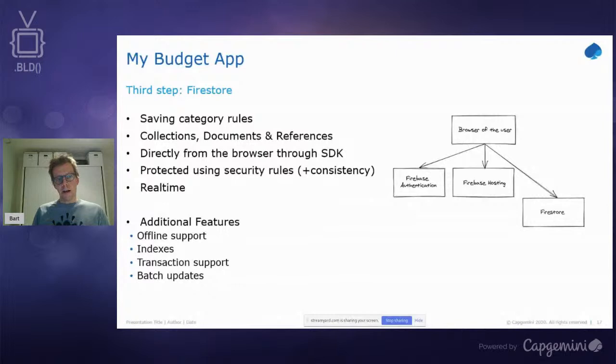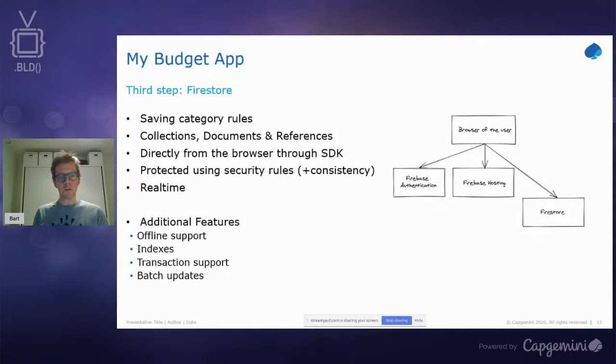And how to do that is by using Firestore. Firebase offers two types of databases: the real-time database, that's literally what it's called, and Firestore. Both have the feature of what Firebase calls real-time, that when you update a certain piece of data, it immediately gets reflected.